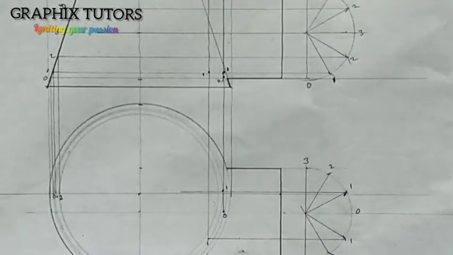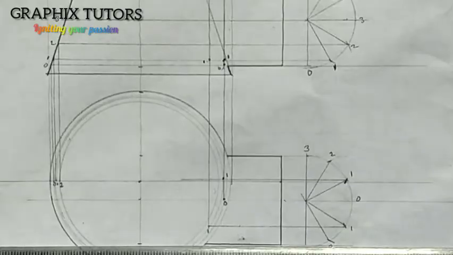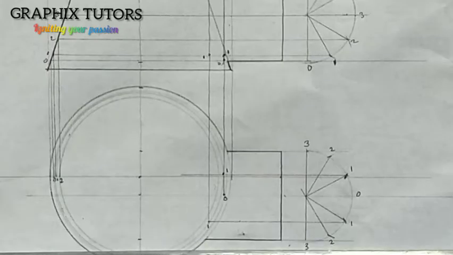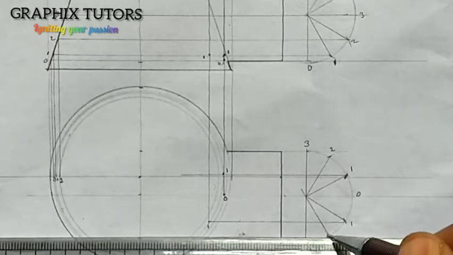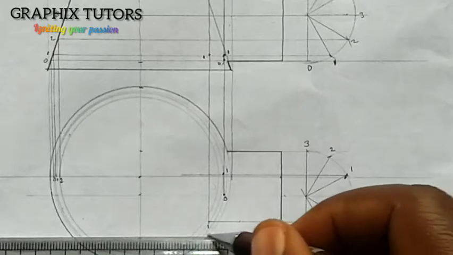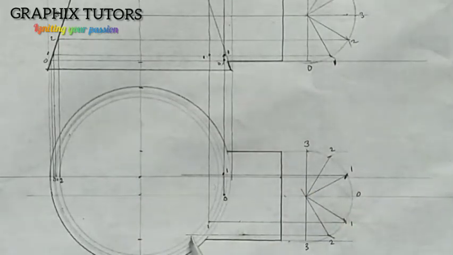I'll get this, right? So I'm going to project point 2 here, and this is my point 2 here. This is it here. So I project it to touch it, and where it touches it here is point 2, right?